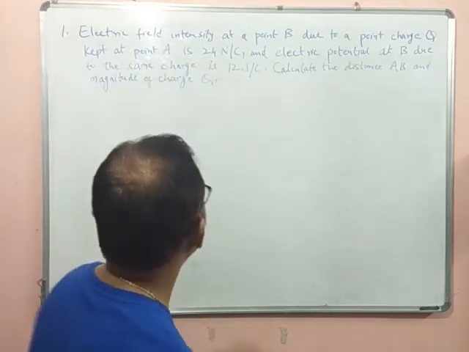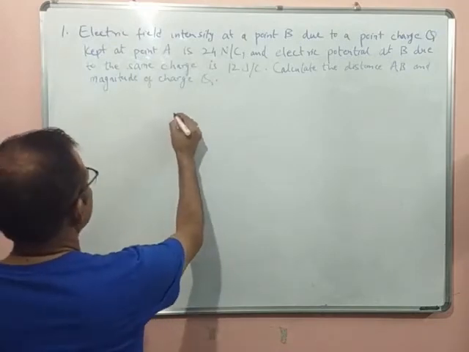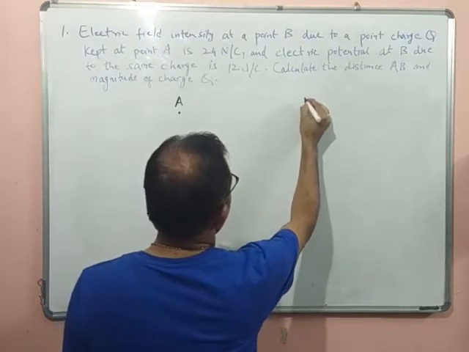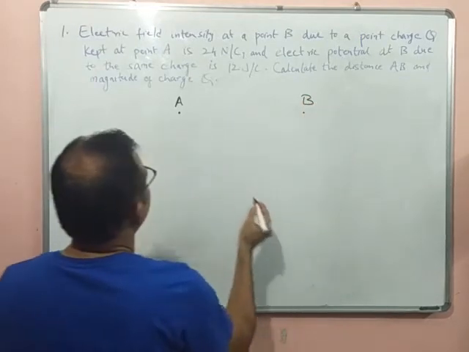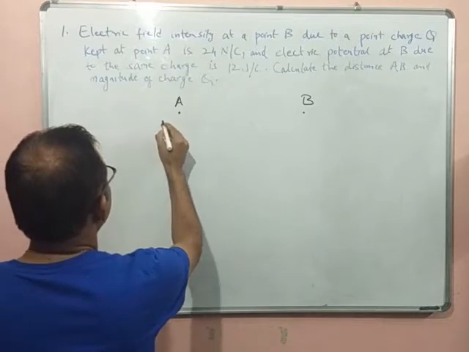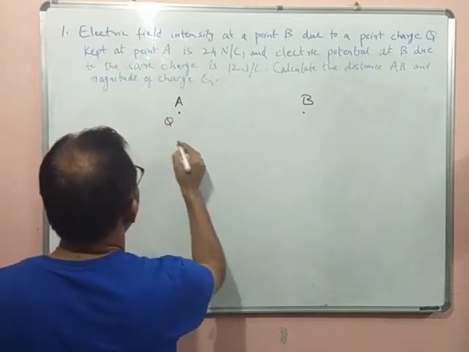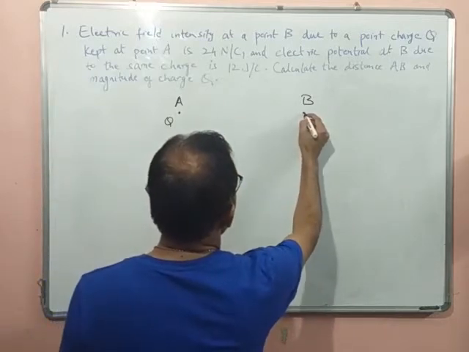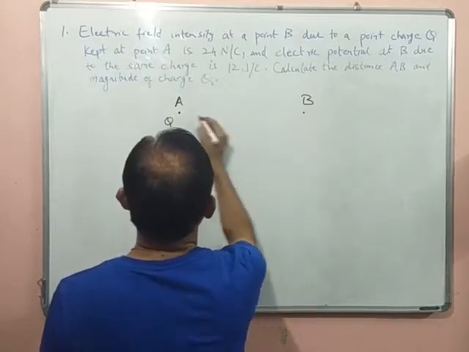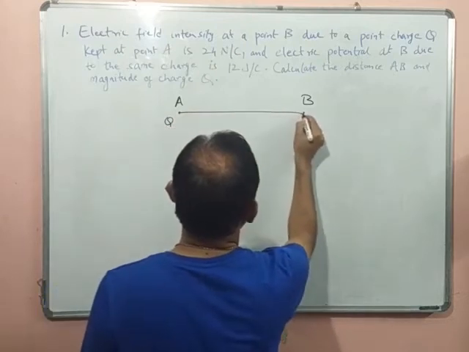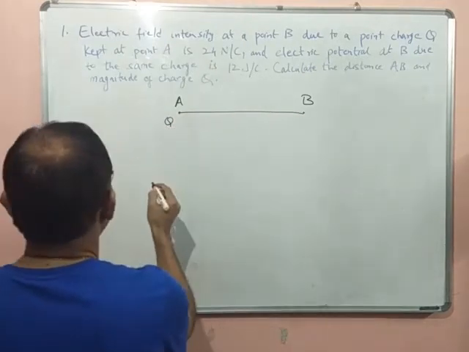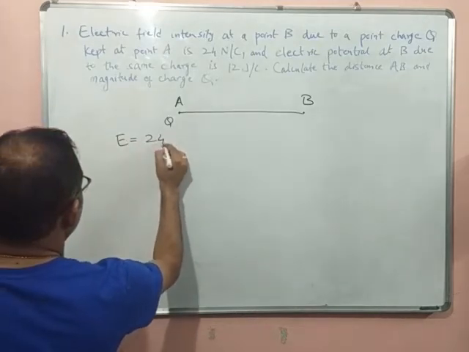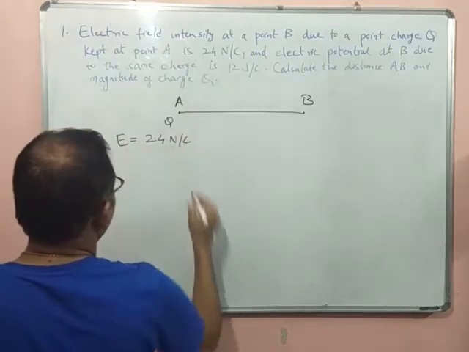There are 2 points. Suppose this is A and this is B. At point A there is a point charge Q, and because of this point charge, the electric field intensity at B is 24 Newton per Coulomb. So given is E equal to 24 Newton per Coulomb.